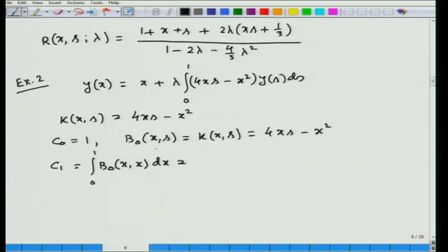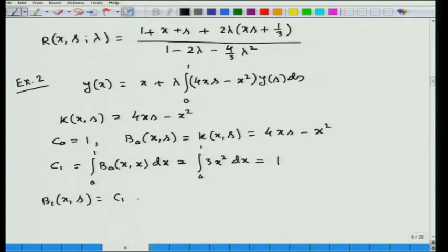Now, B0(x, x) will be equal to 4x square minus x square, that means 3x square. So, integral 0 to 1 3x square dx, and after evaluating this integral we find it is equal to 1.